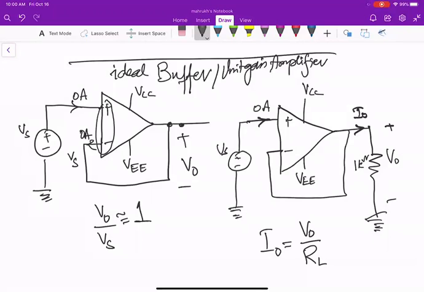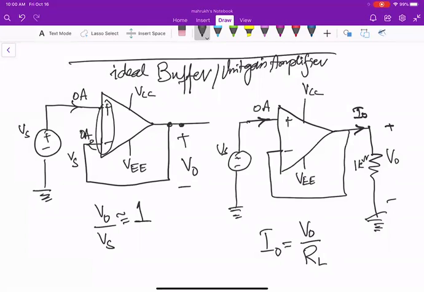This thing is tackled by the op-amp itself. I naught is getting its current from the power supplies that are energizing the op-amp. It's not getting current from the input source. That is the difference in the case of the op-amp configuration. When we connect it as a unity gain buffer or amplifier, the input current is approximately equal to 0, but you still get an output current.